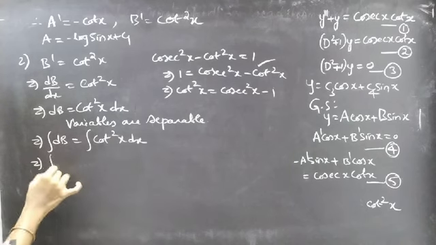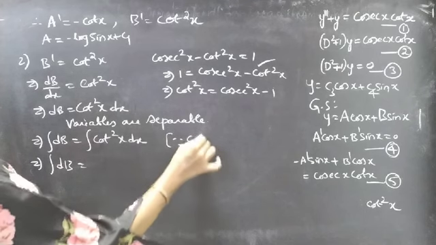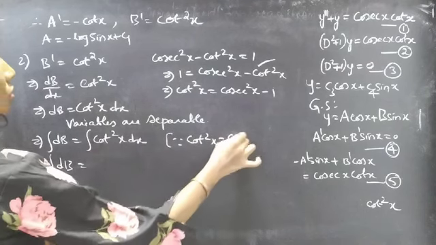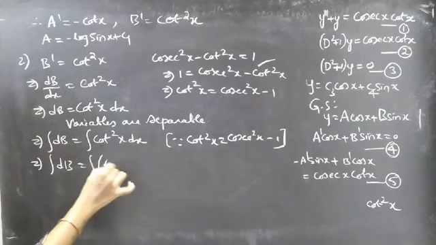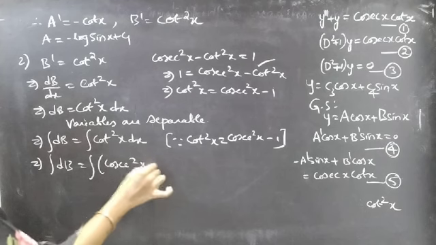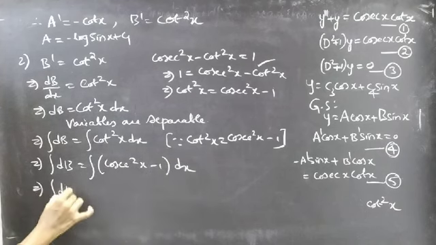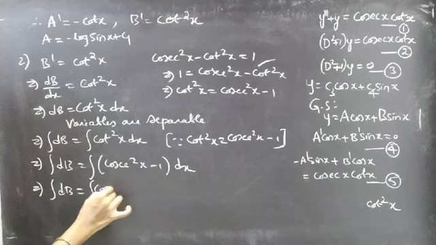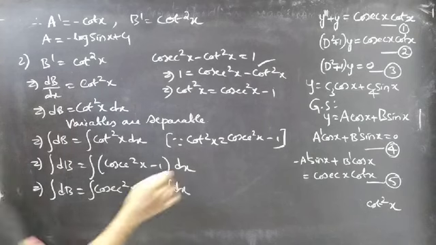Now we are free to replace cot square x with cosecant square x minus 1. Let's replace it. We'll get cosecant square x minus 1 into dx. This becomes integral db equal to integral cosecant square x dx minus integral dx.